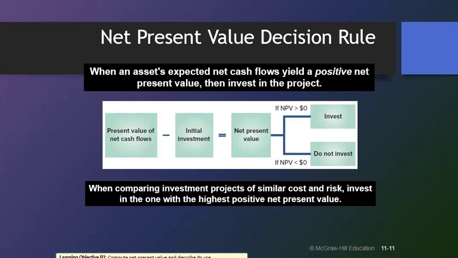So we're looking for something with a net present value that is positive, that is greater than 0. That means we believe that the net present value of the future cash flows is going to be greater than our investment. Okay, and so it is going to yield us at least that amount of return that we're looking for, which in this case was 9%.